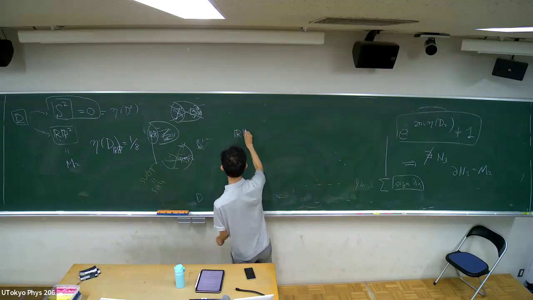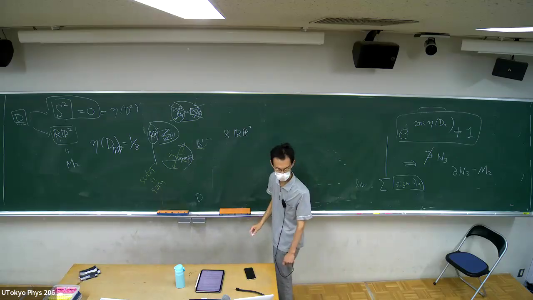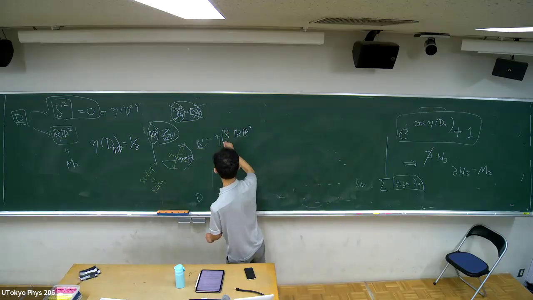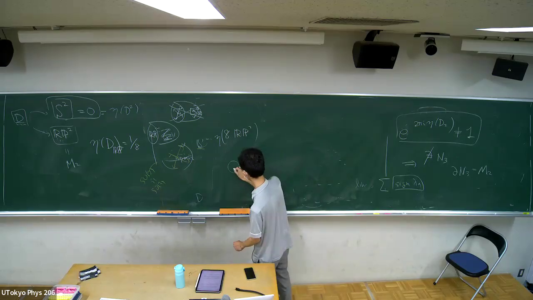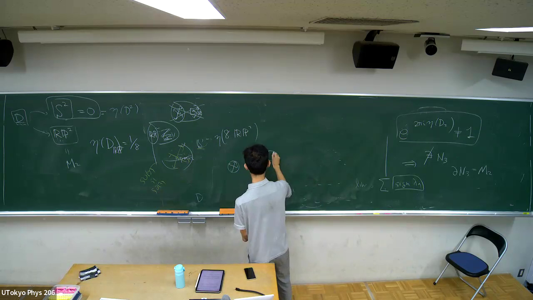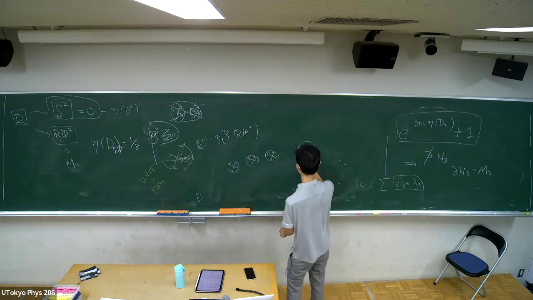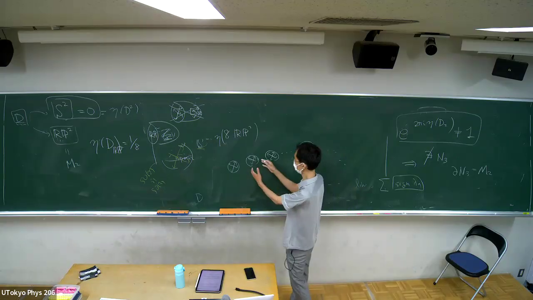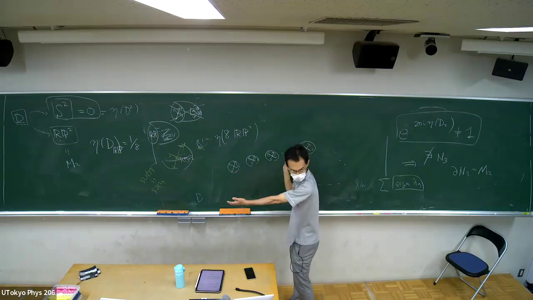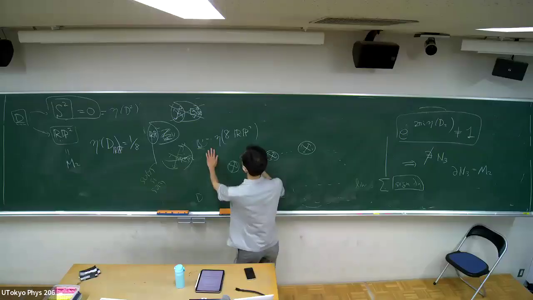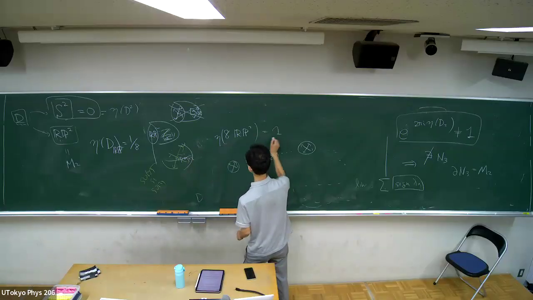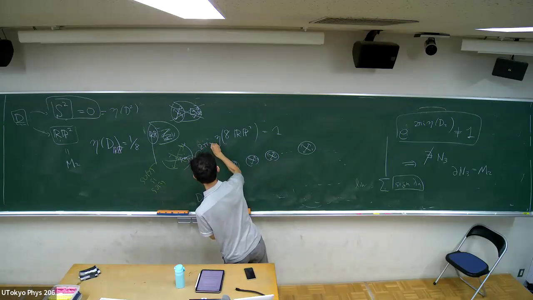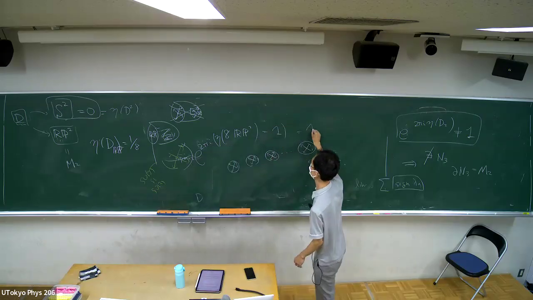But suppose you have 8 copies of RP2. Then if you compute the eta invariant, it's just a disjoint union of 8 RP2, so the Dirac spectrum just got copied 8 times. So this is 1, so if you exponentiate, this is 1.